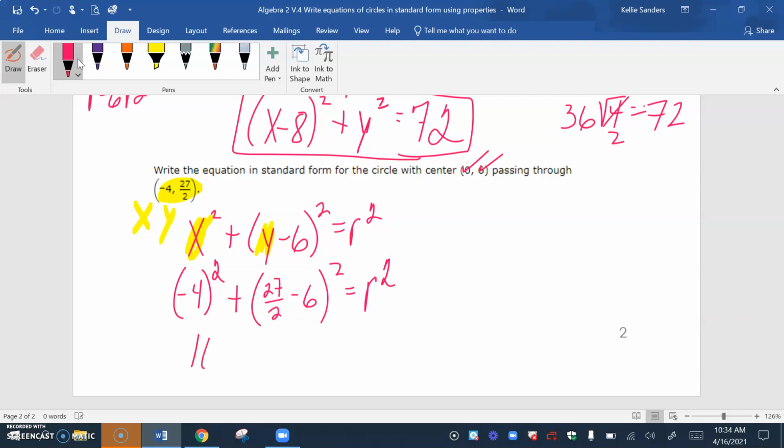Negative 4 times negative 4 is 16. Now, 27 over 2 minus 6 is 15 over 2.